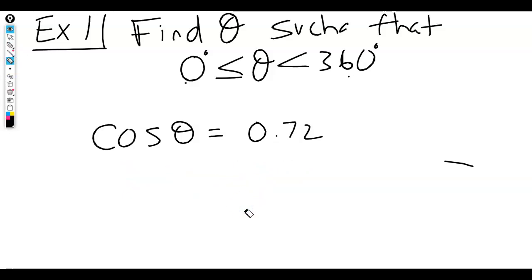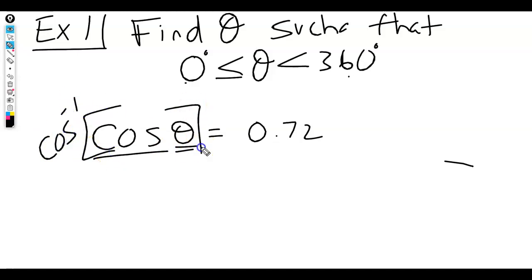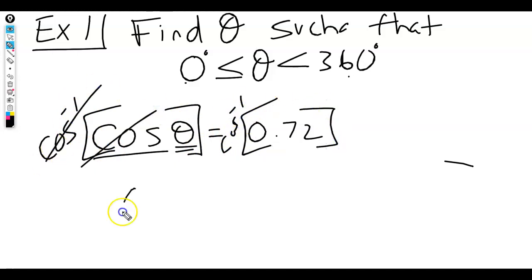What we're going to do instead is use another strategy that we learned before we went on our little spring break, which is we want to get theta by itself by doing the opposite of cosine. So what we do is we're going to arc cosine both sides. So here these cancel, and now I'm left with this, right?